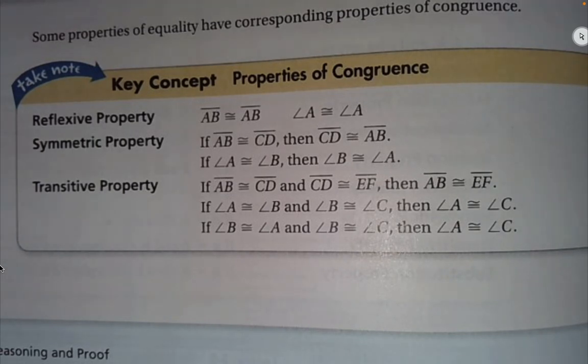If Cannon is the same height as Shay, and Shay is the same height as Hayden, then Cannon and Hayden are the same height. That's all this is saying. If this segment is the same as this one, and CD is the same as EF, then AB and EF are congruent. Does that make sense, transitive property? When you see transitive property, think of their height, Cannon and Hayden being the same height.